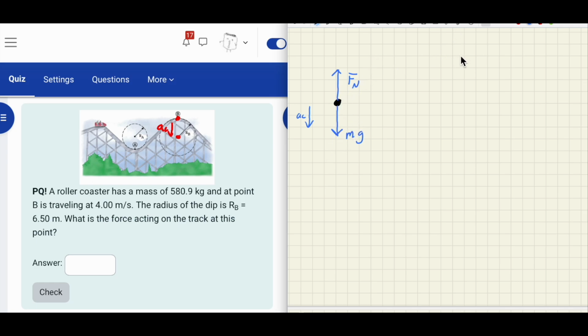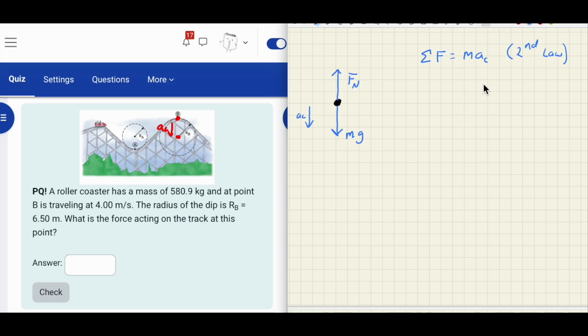According to Newton's second law, if I add up the forces, they have to be equal to mass times acceleration. This is the second law. But because we're dealing with rotational motion, this is going to be a centripetal acceleration.